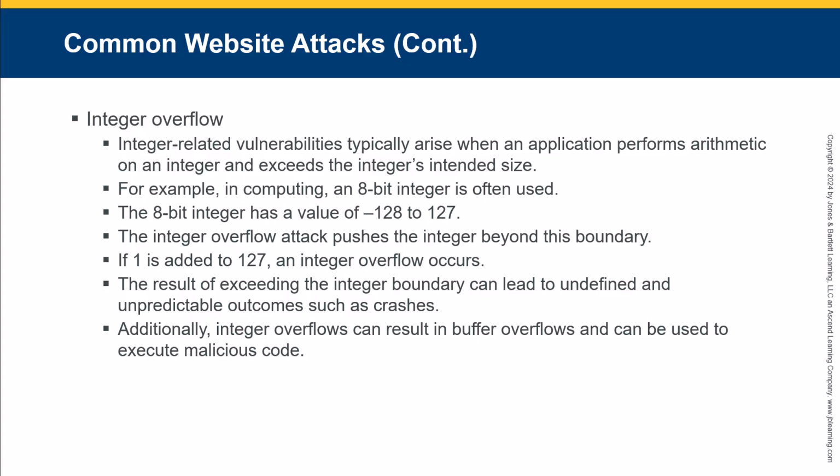The integer overflow attack pushes the integer beyond the boundary to, let's say, 128 or 129. Thus, an integer overflow occurs. Exceeding the integer boundary can lead to undefined and unpredictable outcomes, crashes, and other weird behavior. Additionally, integer overflows can result in a buffer overflow that can be used to execute malicious content.